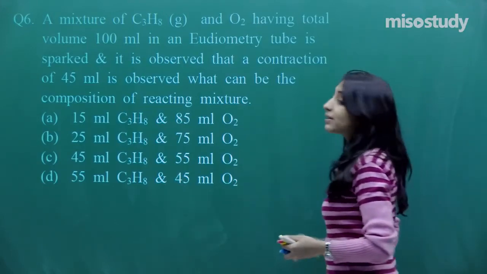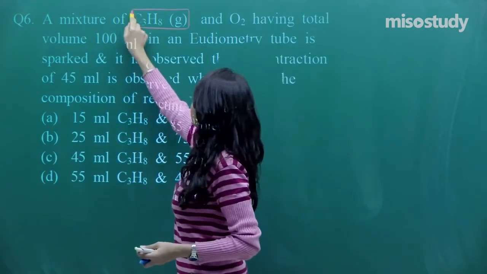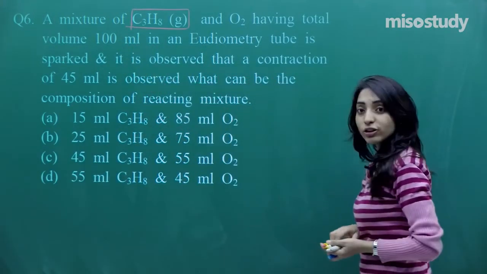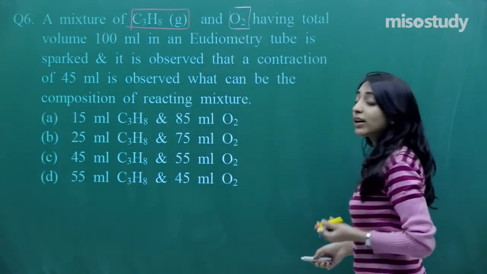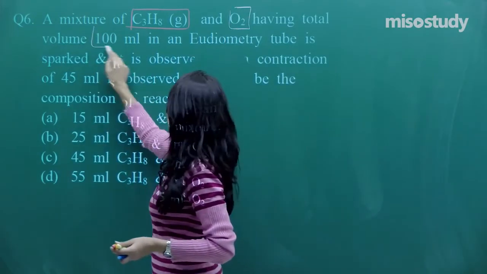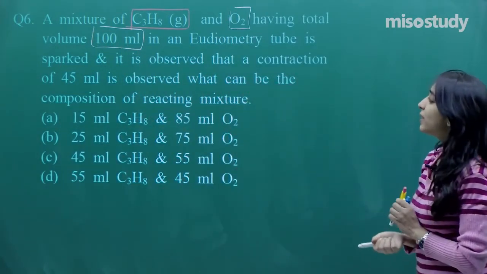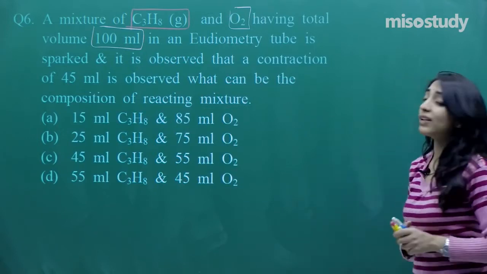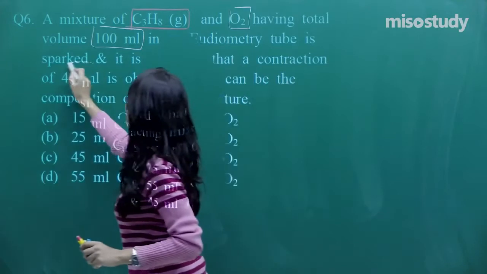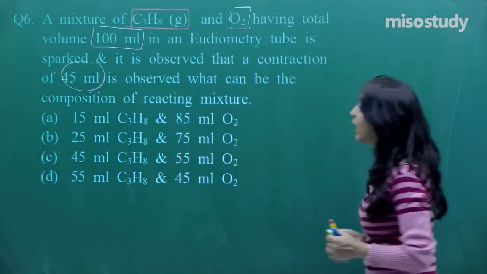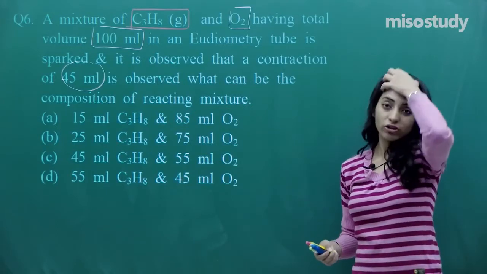A mixture of C3H8 in the gaseous state and oxygen in the gaseous state, having a total volume of 100 ml in a eudiometry tube, is sparked and a contraction of 45 ml is observed. What can be the best composition of the reacting mixture?